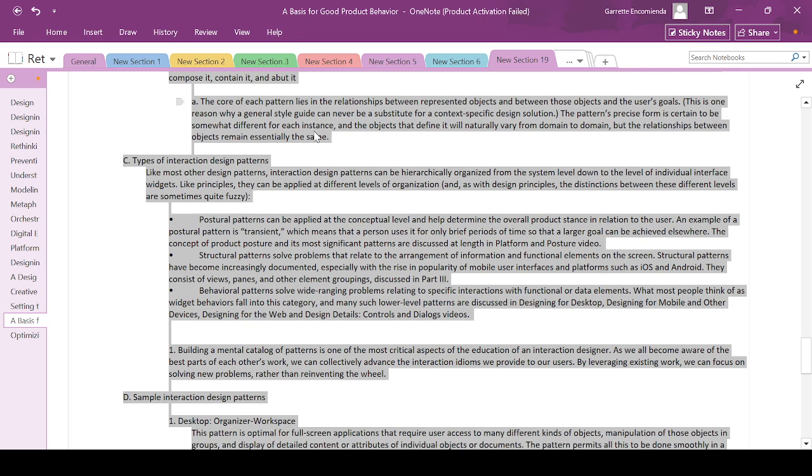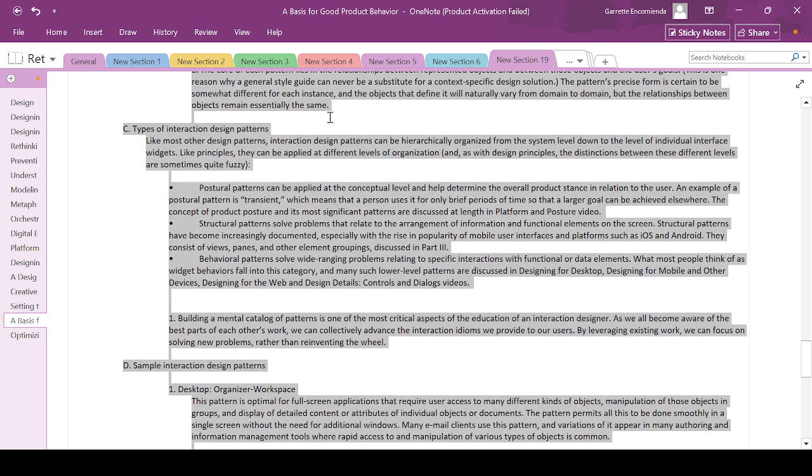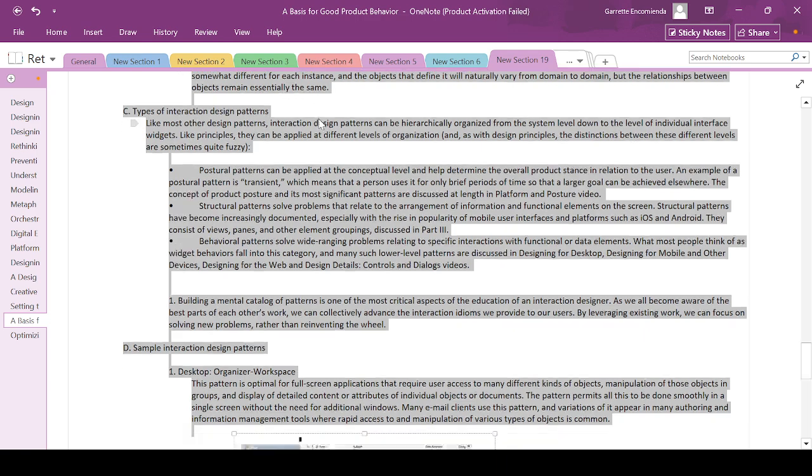This is one reason why a general style guide can never be a substitute for context-specific design solutions. The pattern's precise form is certain to be somewhat different for each instance, and the objects that define it will naturally vary from domain to domain, but the relationship between objects remains essentially the same.